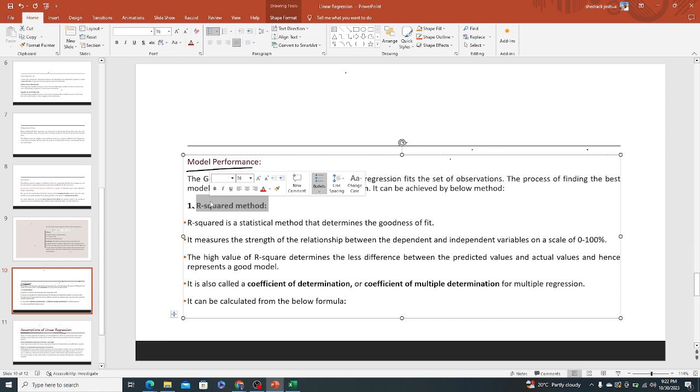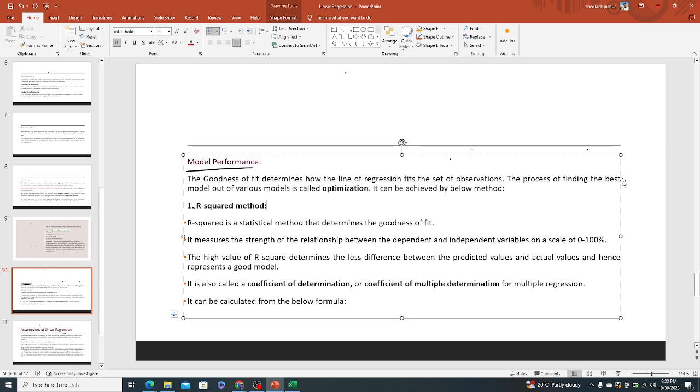So basically, the goodness of fit determines how the line of regression fits the set of observations.